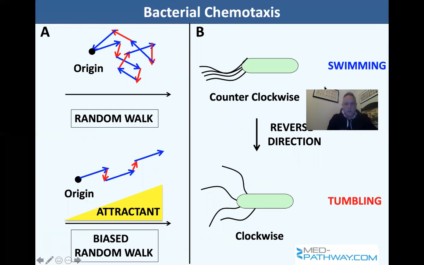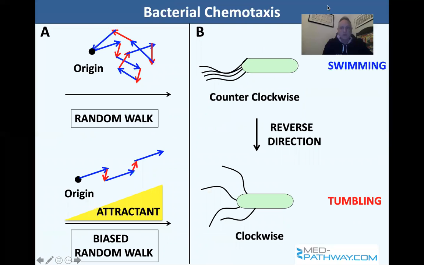Now, bacterial chemotaxis is specifically listed on the AAMC Content Outline, and it's quite important because it's used by organisms to help invade, to swim towards things. What normally happens is that bacteria are just randomly walking. They go one way and another, and they never really get anywhere in the net scheme of things.